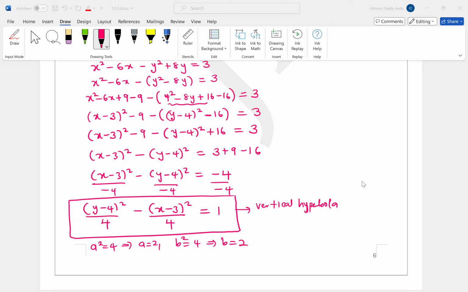So what is the center? Okay. So yeah. A is 2, B is 2. Then we need to talk about the center, right? So what is the center here? The center is going to be h, k. So the center is 3 and 4.